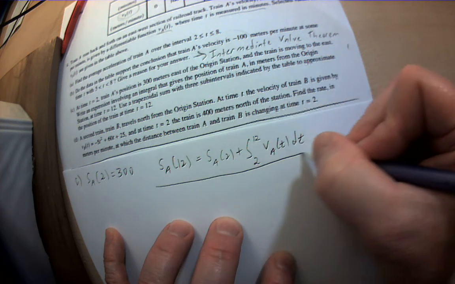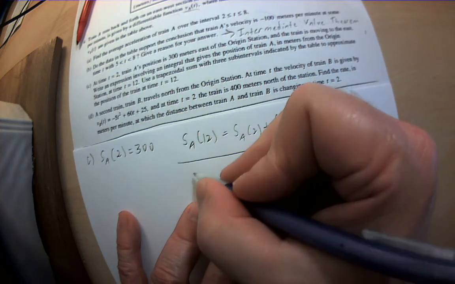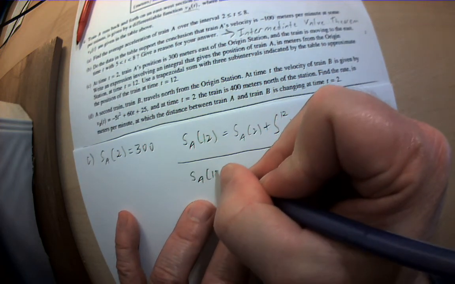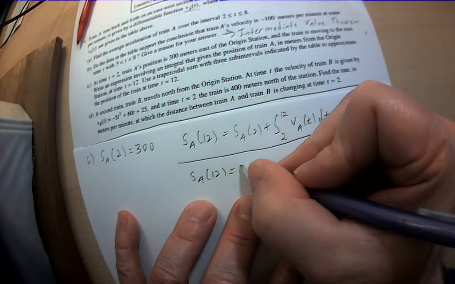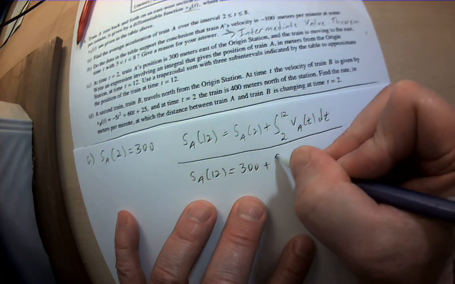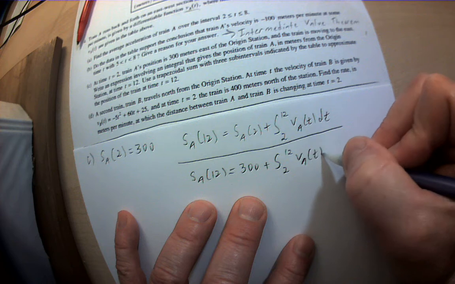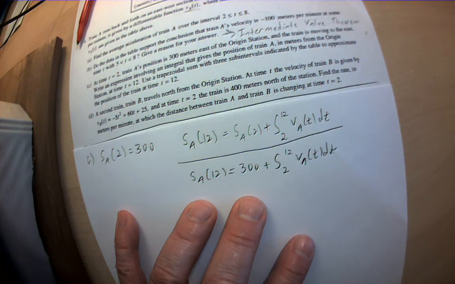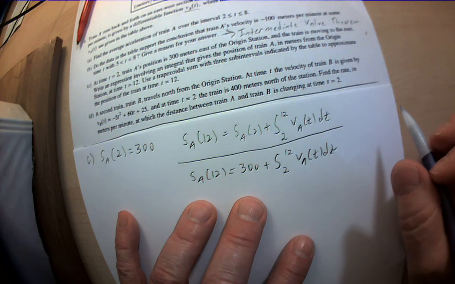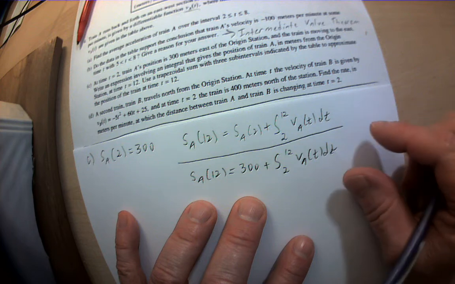So that's an equation involving an integral. If you want to be careful, you know the position at time 2 is 300, so it's 300 plus the integral of VA(t) dt. Okay, so I got part 1 done. That is worth a point.